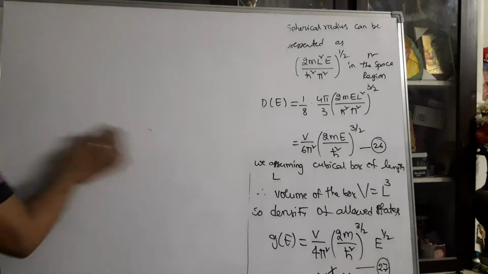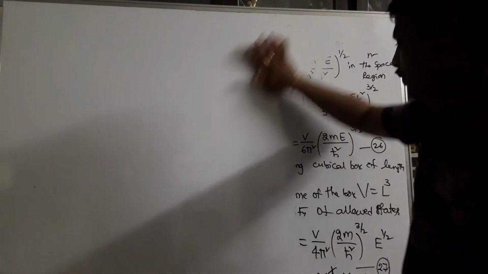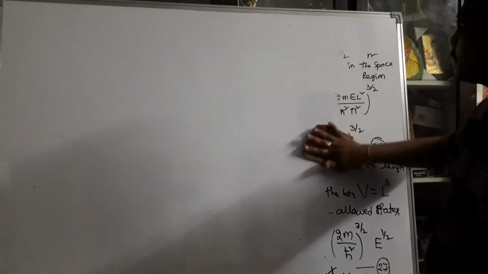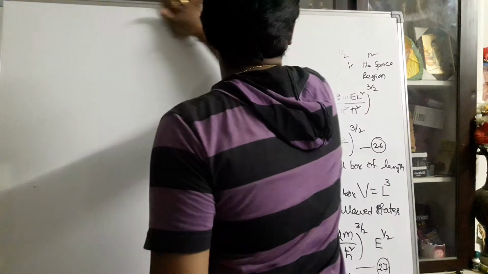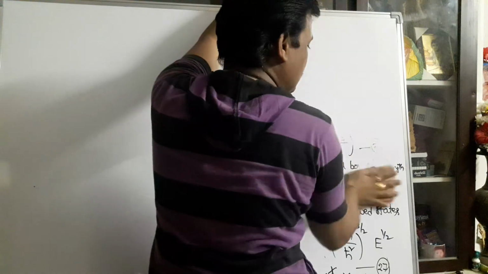Just recall it from classes 1, 2 and 3. According to chapter number 2, I think this is the third class. Up to the third class, in every class I have been explaining and defining the Fermi energy level. What is Fermi energy level?